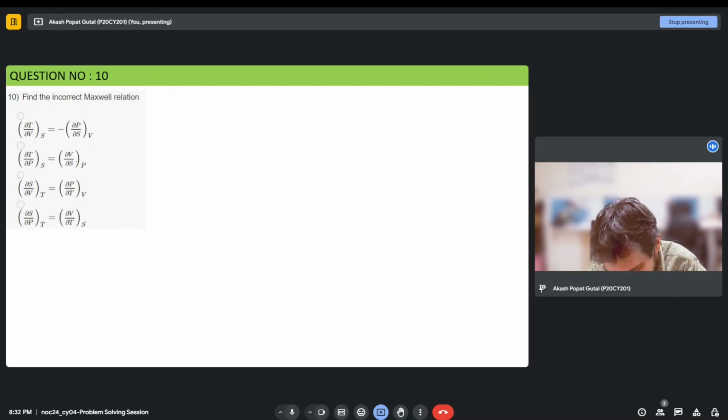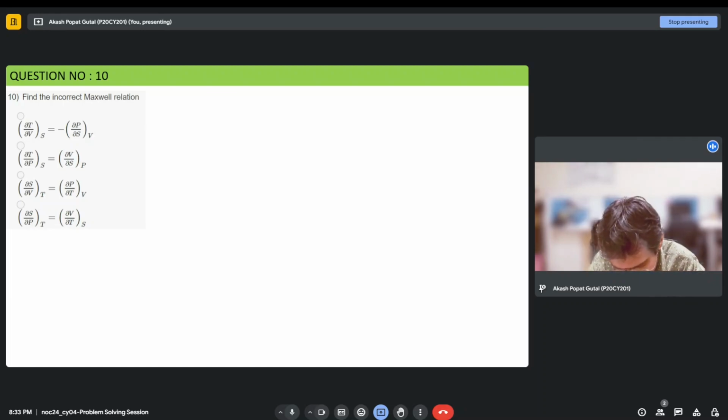Del T by del P is del V by del S. Similarly, V and S are directly proportional, T and P are directly proportional, so this relation is correct. And next, del S by del V is del P by del T. P and T are directly proportional, S and V also directly proportional, so this relation is valid.